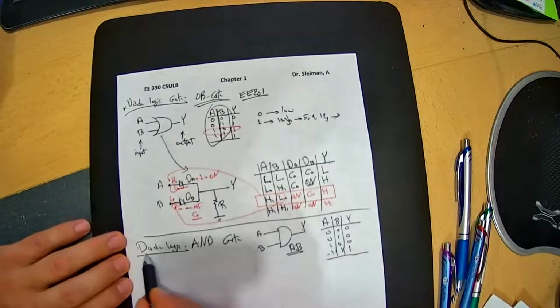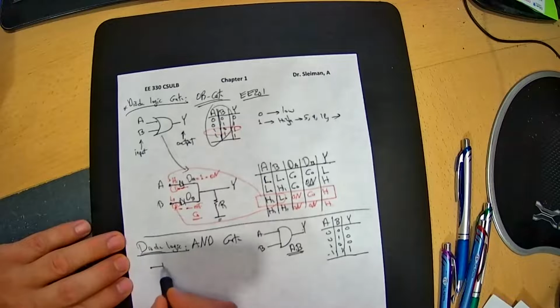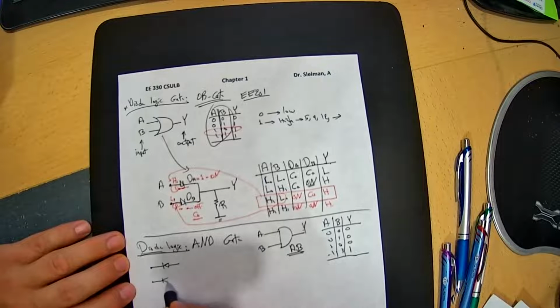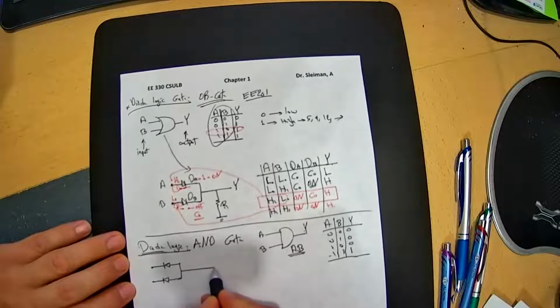So we're going to implement this with diodes. In this case, we're putting the diodes in the reverse bias direction, and we have the resistor here.